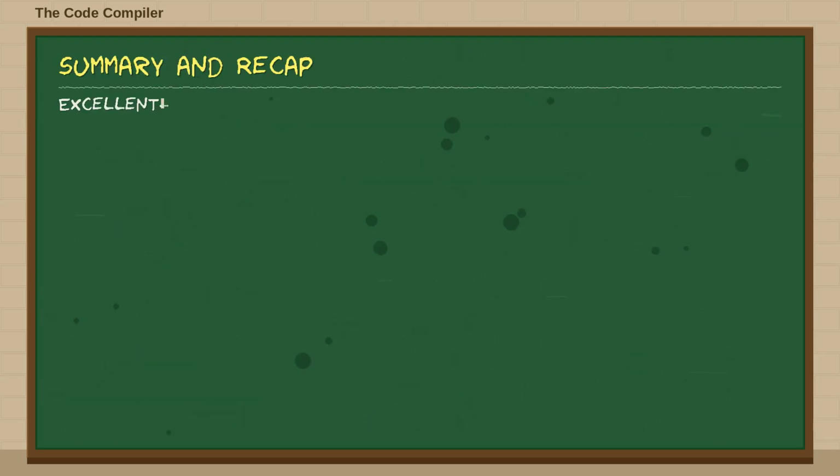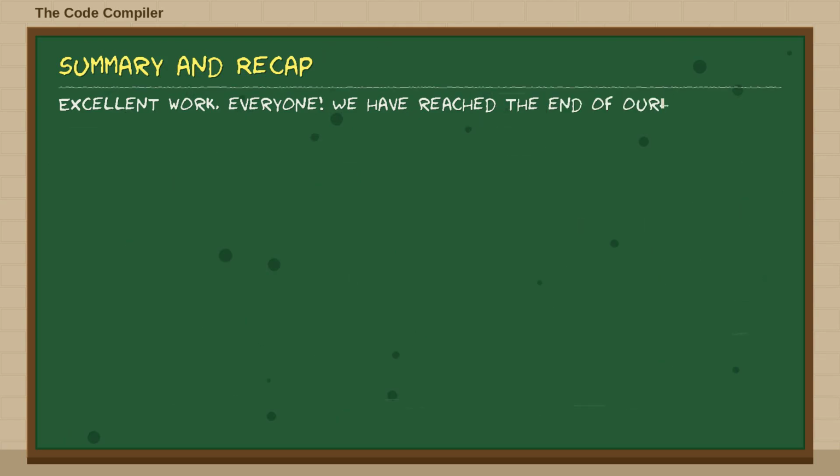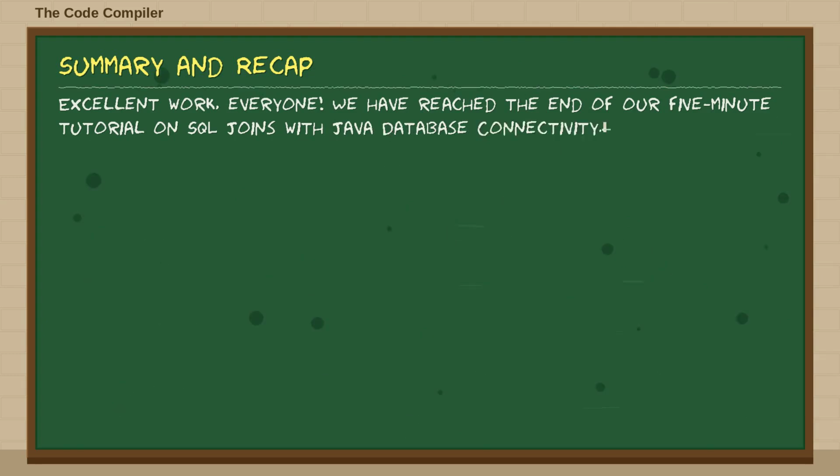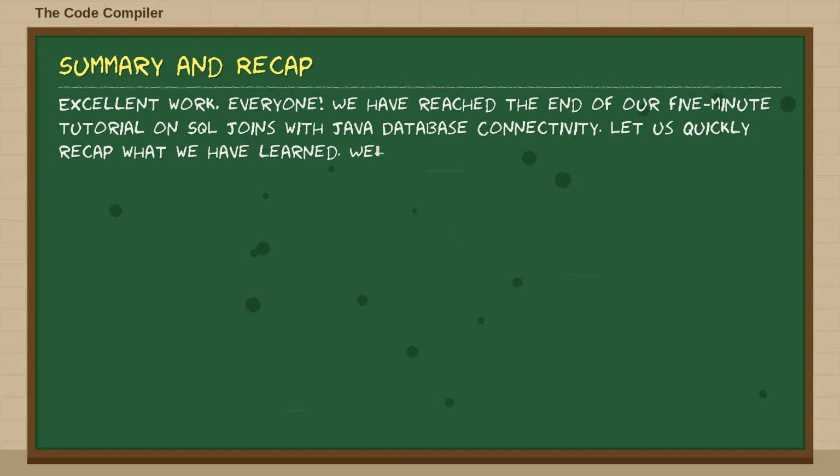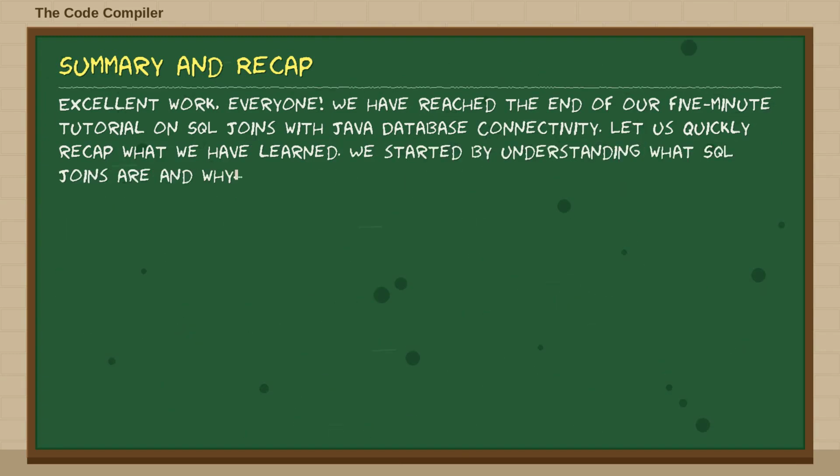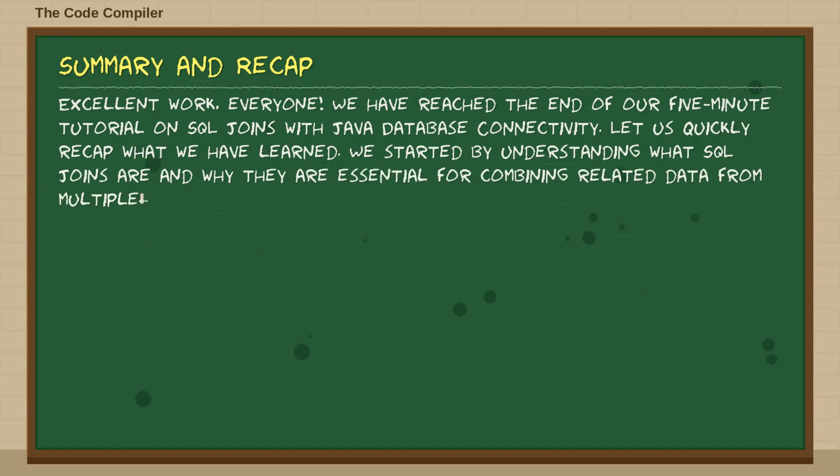Excellent work, everyone! We have reached the end of our 5-minute tutorial on SQL Joins with Java database connectivity. Let us quickly recap what we have learned. We started by understanding what SQL joins are and why they are essential for combining related data from multiple tables.